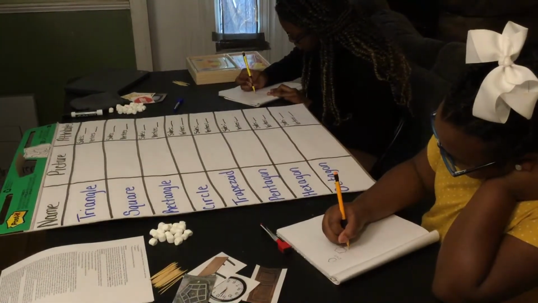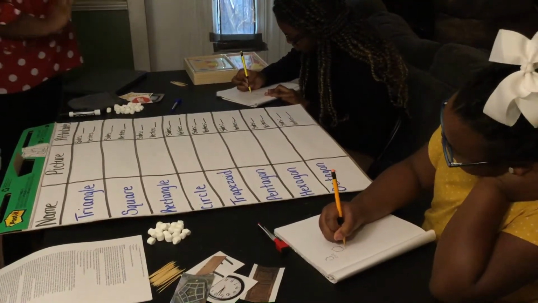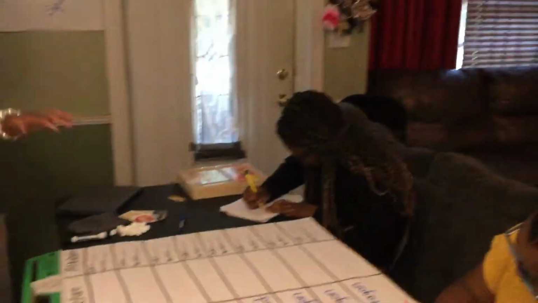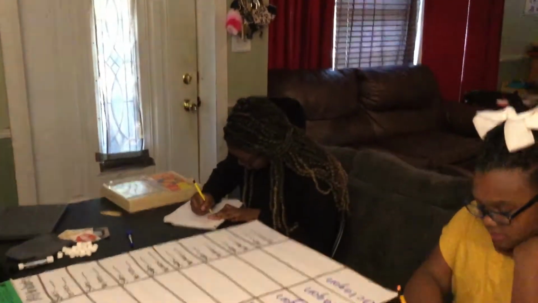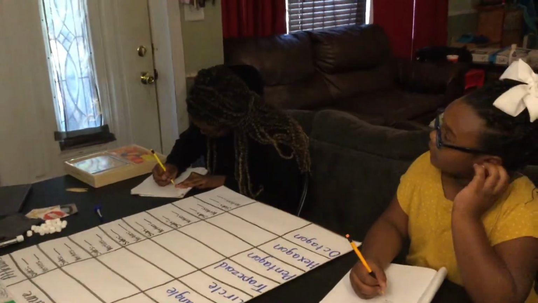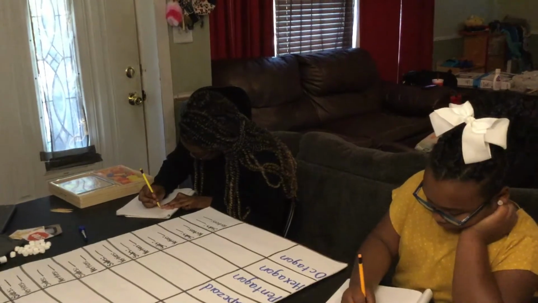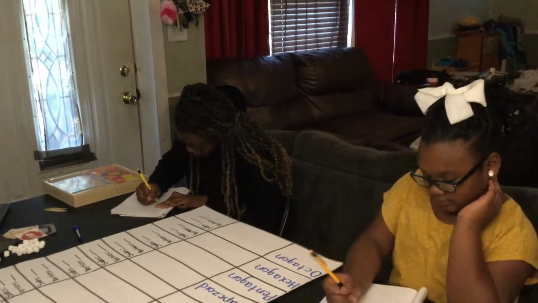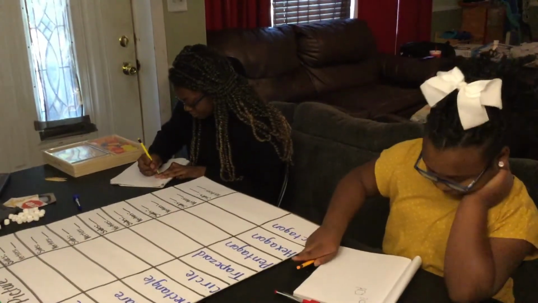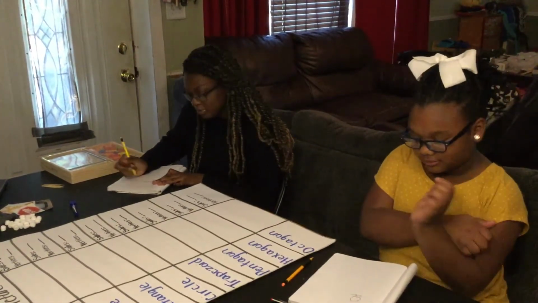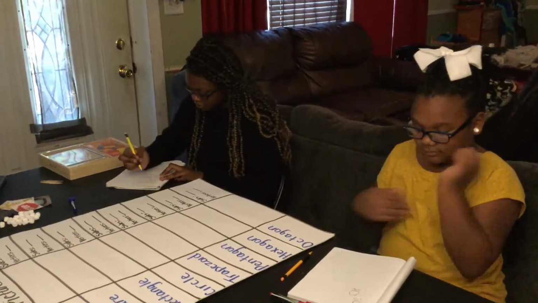We're going to make sure to give you guys enough wait time to answer the question, so don't feel rushed. Which shape has 5 sides and 5 vertices? Make sure you count your sides and your vertices.